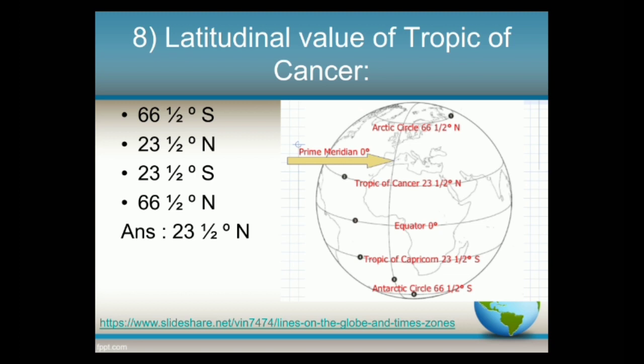Tropic of Cancer lies in the northern hemisphere with latitudinal value of 23.5 degree north. Tropic of Capricorn is in southern hemisphere and its value is 23.5 degree south. Arctic Circle is at 66.5 degree north of equator. Antarctic Circle is at 66.5 degree south of equator. And you can see the prime meridian 0 degree longitude.